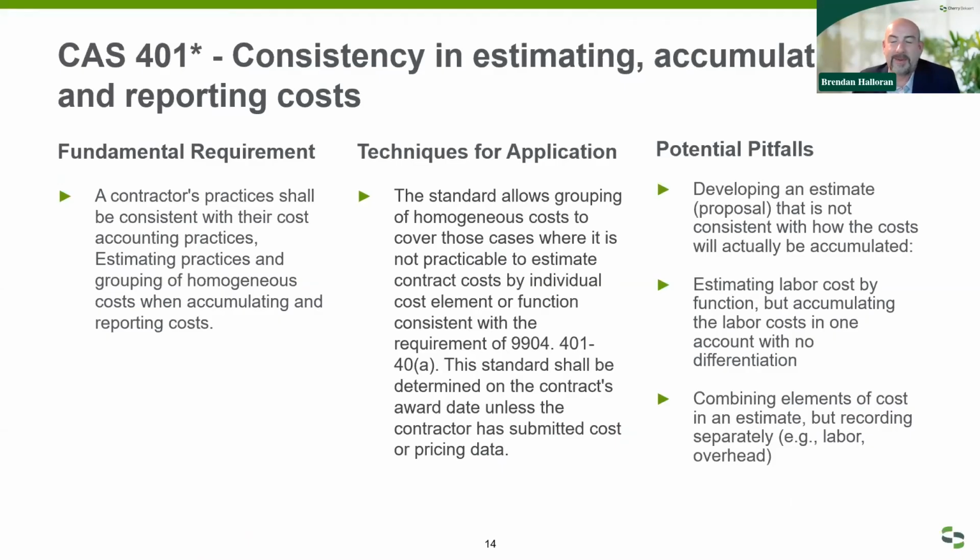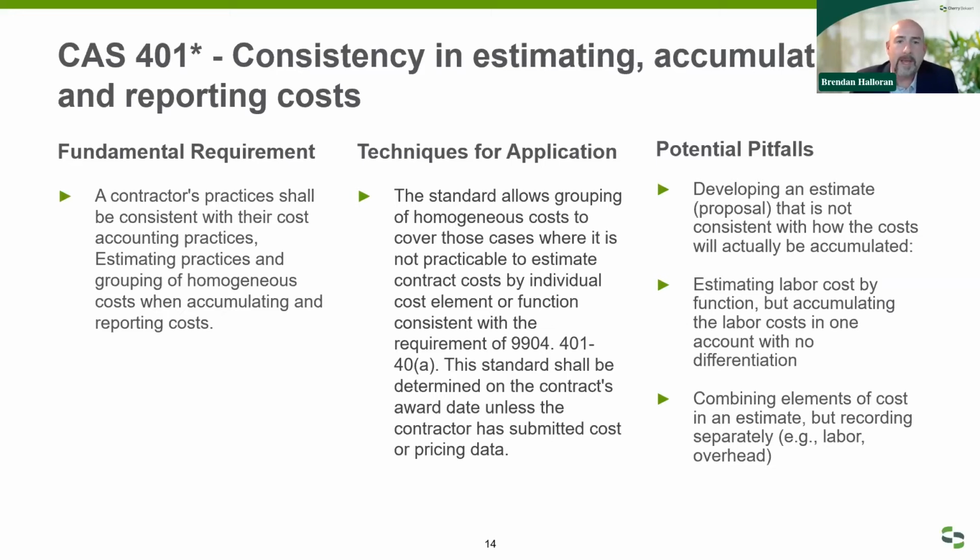Great. So jumping into CAS 401, and here we've put an asterisk next to the ones that we're going to go through, that really are the core ones for modified coverage. But 401, really the purpose here is to address consistency in estimating and then how costs are accumulated and reported. So again, the fundamental requirement is that they need to be consistent across those practices, and that the groupings of homogeneous costs are consistent.